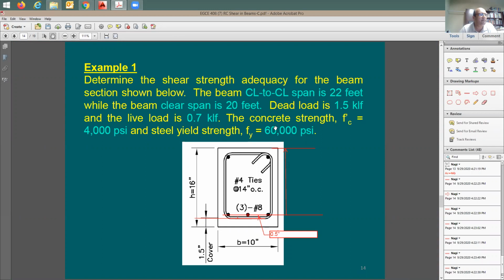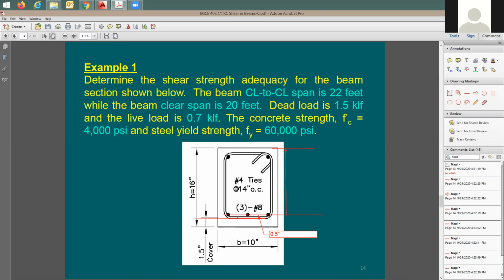Question to you. If I give you the dead load this way, 1.5 kip per linear foot, does this include the weight of the beam itself? I'd like to hear from you guys. Alfred, are you there? Yes. If I give you here the dead load to be 1.5 kip per linear foot, does this include the weight of the beam itself?